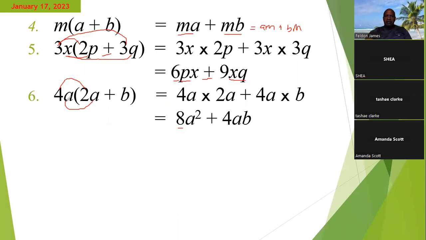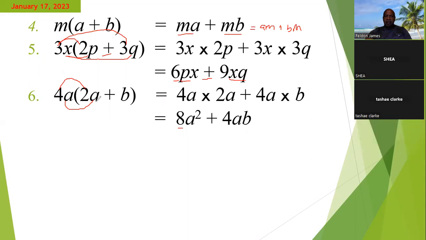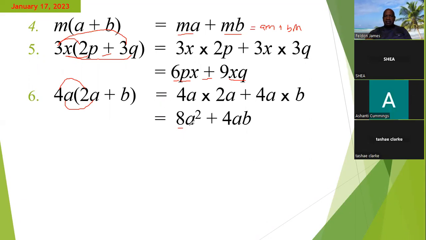So outside you have a to the power 1, inside you have a to the power 1. a times a gives you a squared. Now, next we maintain the sign, keep the plus sign, then we multiply 4a times b. So we have 4ab, all right?